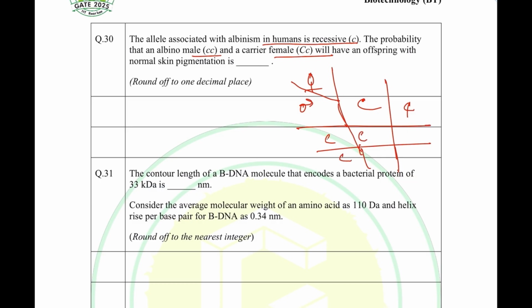So here we'll get: capital C small c, small c small c, capital C small c, small c small c.